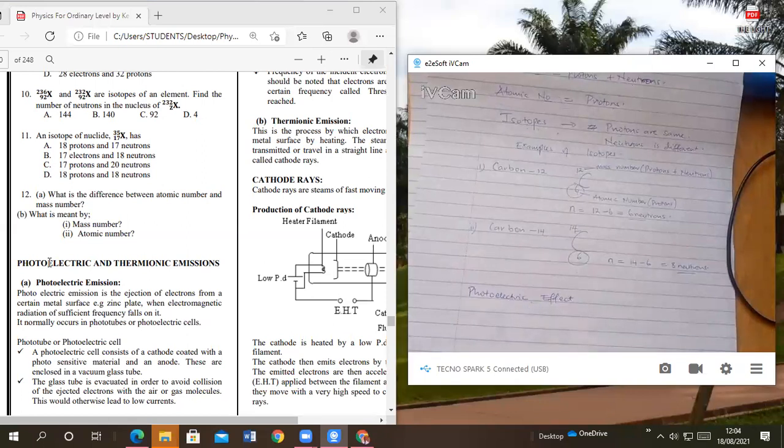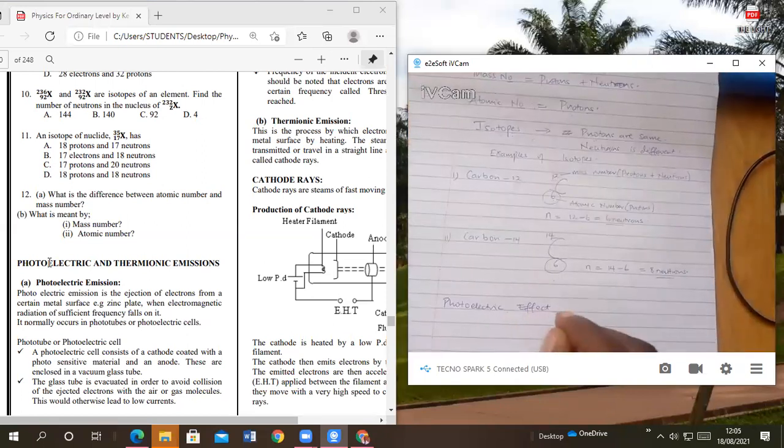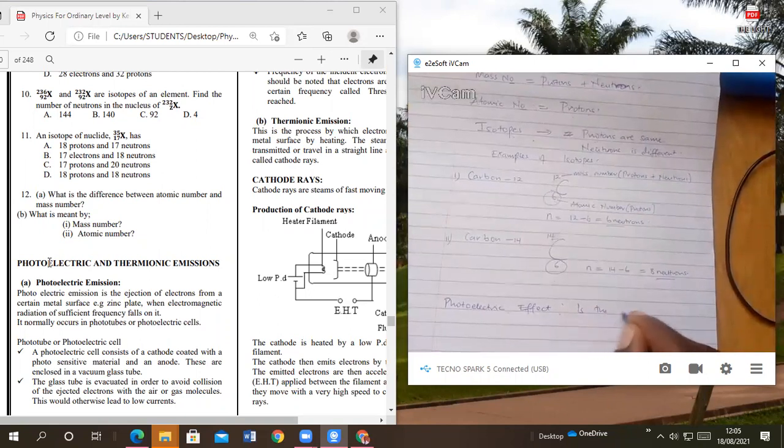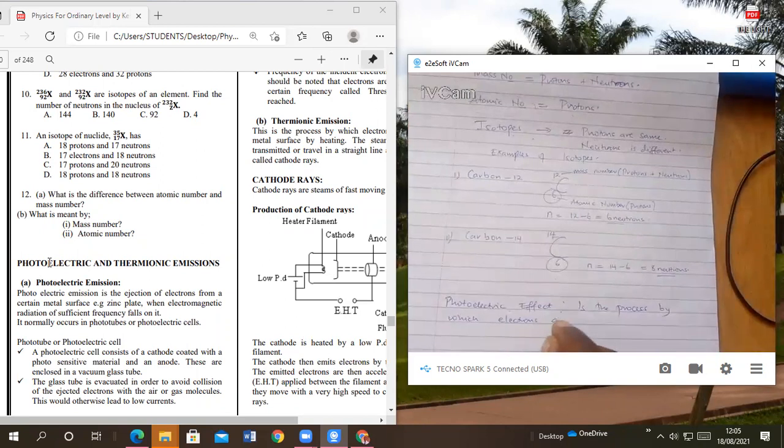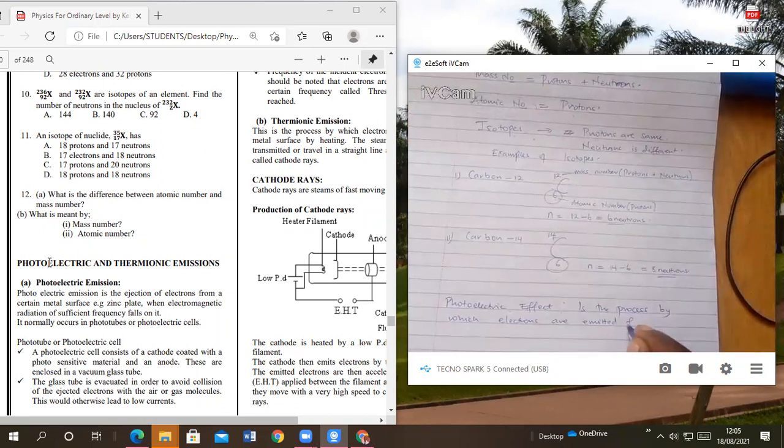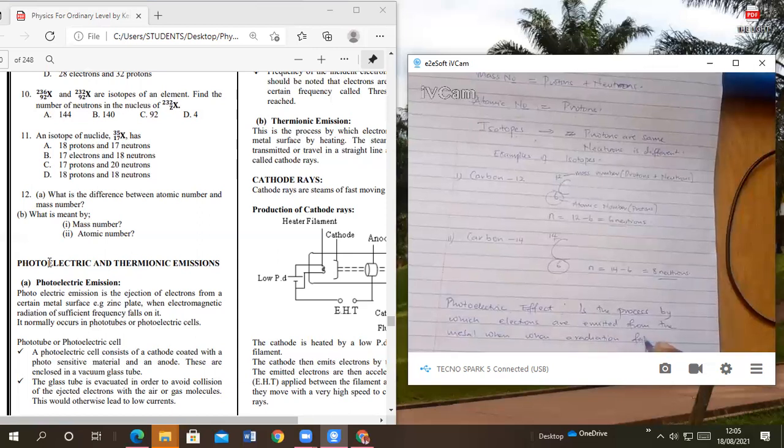So photoelectric effect is the process by which electrons are emitted from the metal surface when a radiation falls on it.